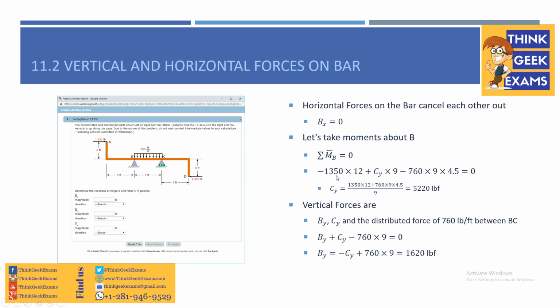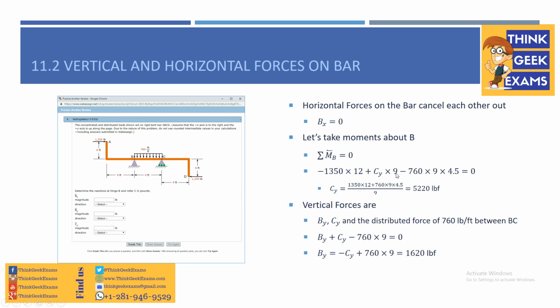So negative 1350 times 12 is the couple strength. Next one is the force at Cy, which is 9 feet away from B. So we multiply by 9 times Cy, and Cy is acting in the positive direction in moments, so it's basically acting counterclockwise, so it's positive.